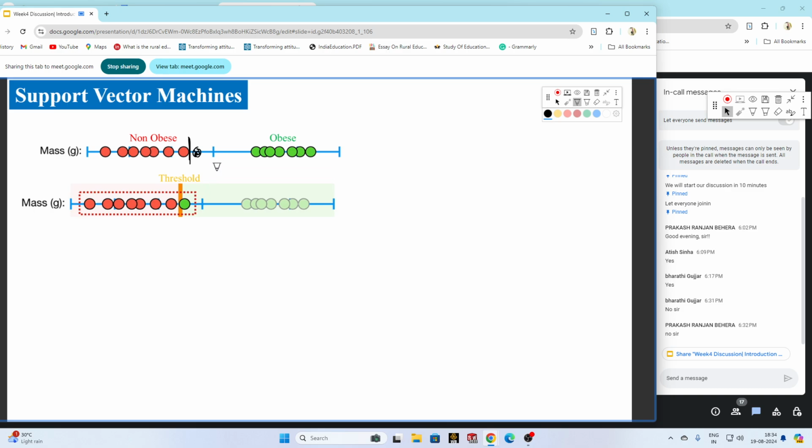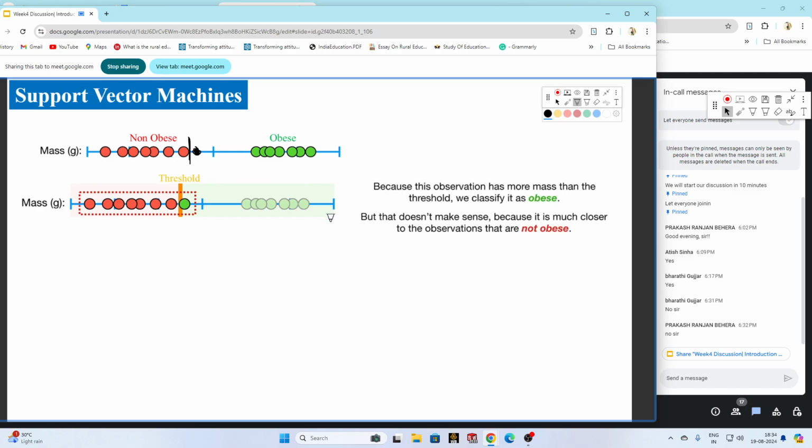But the main problem here is that this new data point is very close to our non-obese class. Still, as we have chosen our threshold very close to non-obese, we are classifying this point as obese. So this is the problem.